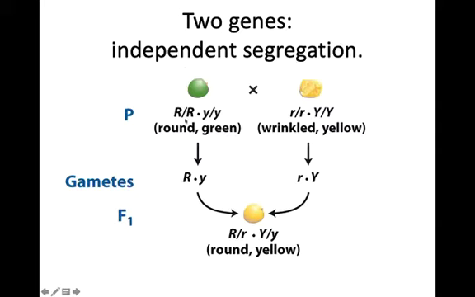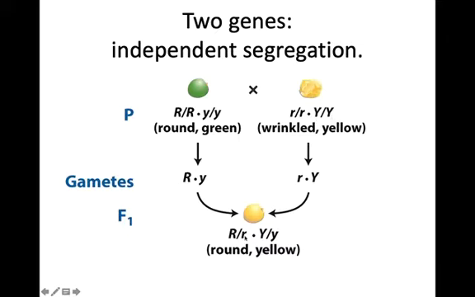Okay, so this gives us a pea plant that's big R, which makes it round, and little y, which makes it green, right? And we cross it with a pea plant that is yellow and wrinkled. It's wrinkled because it's little r, and it's yellow because it's big Y. And we cross those together, right?